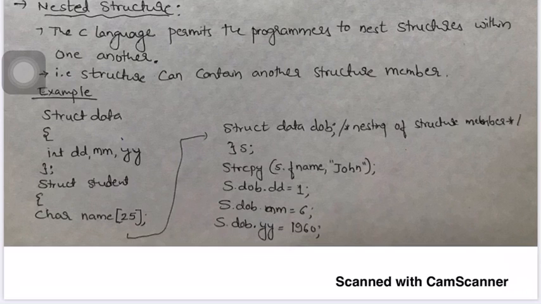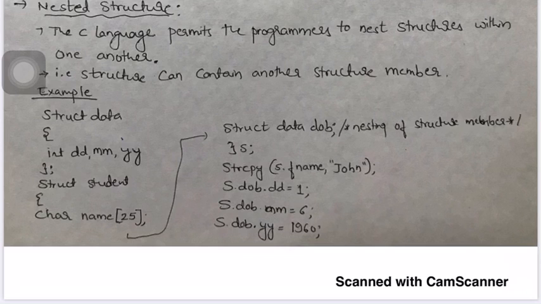And then next we are also having struct date, date of birth. So we are copying the name John using the string copy command with s dot f name, that is the first name. We use the s dot operator and we are reading the name. Then next we see s dot date of birth dot dd equal to 1, that is the date.